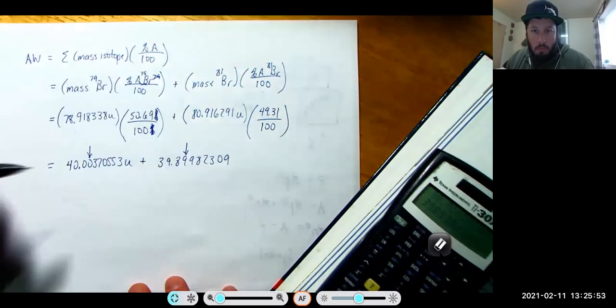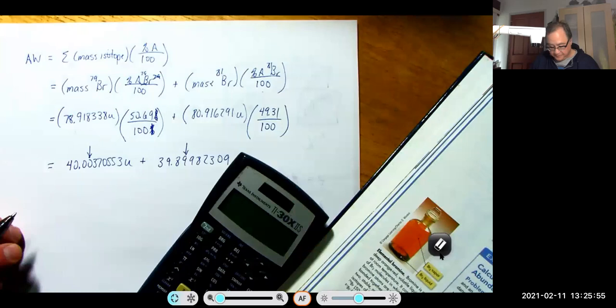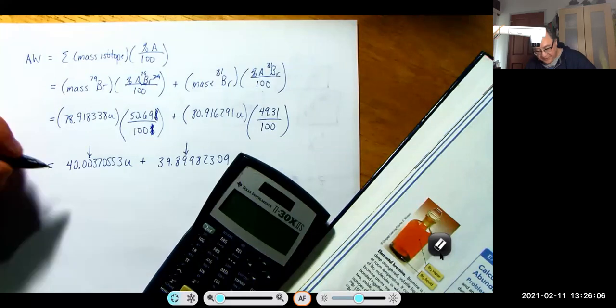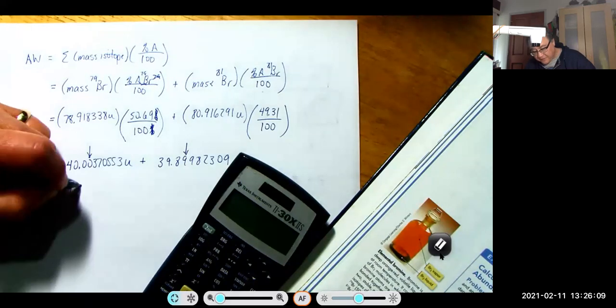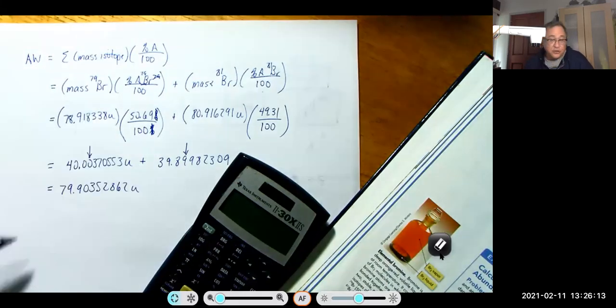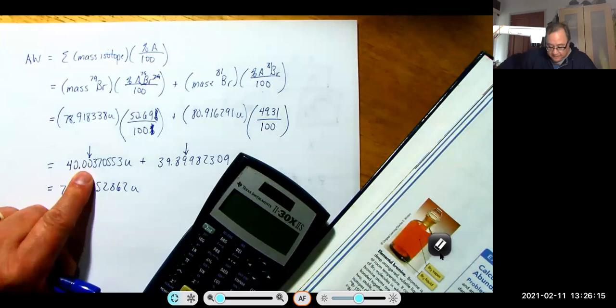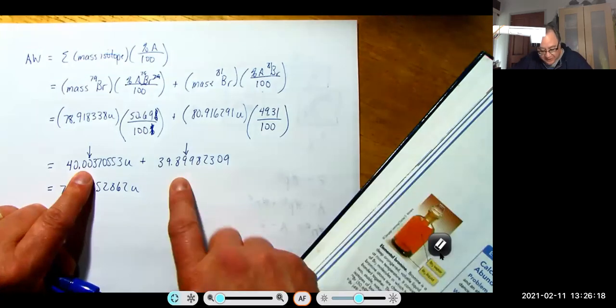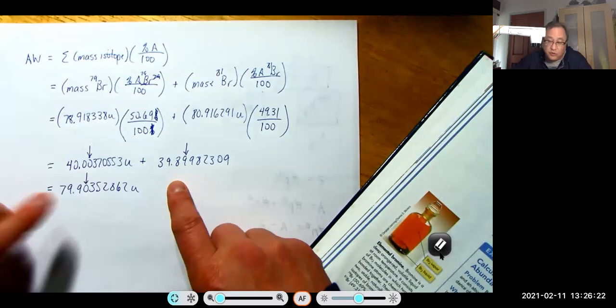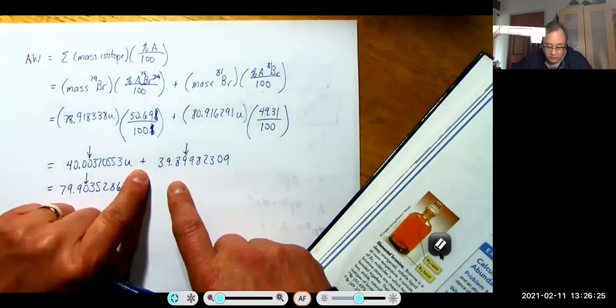So when we add these two numbers together, we get 79.90352862 U. Since this is good to 2 places after the decimal, and this is good to 2 places after the decimal, I round this to 2 places after the decimal because I use the rule for rounding for addition.